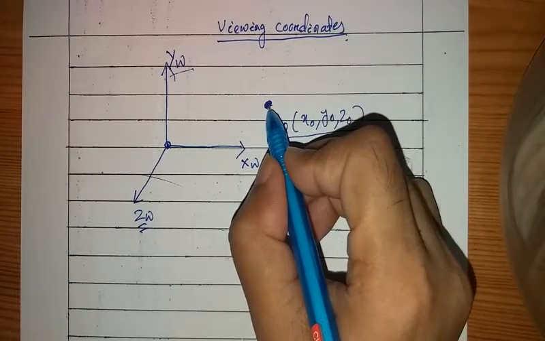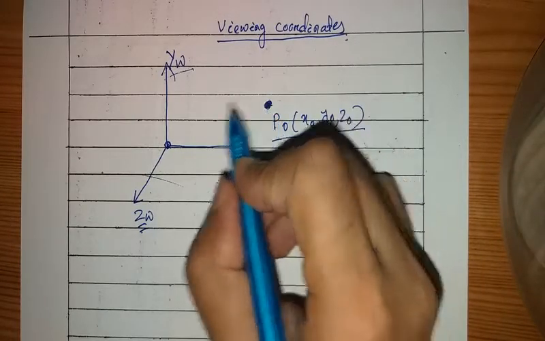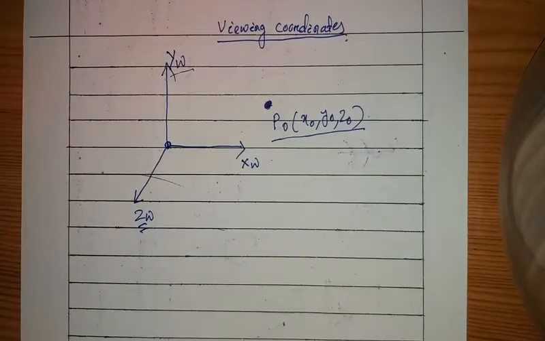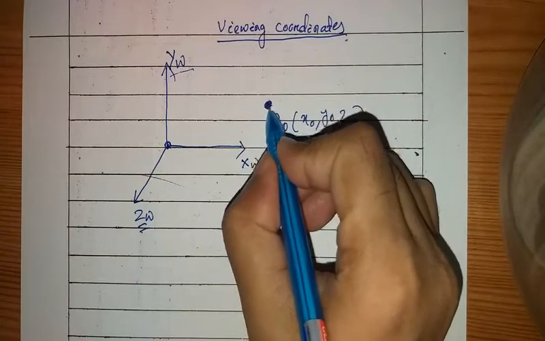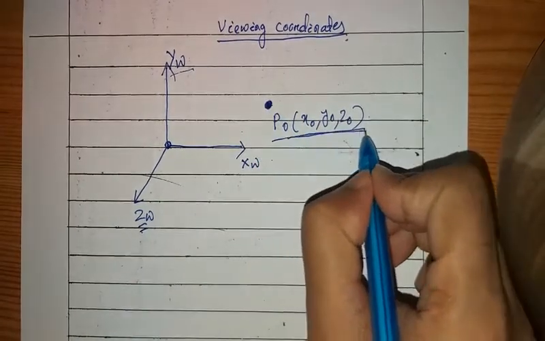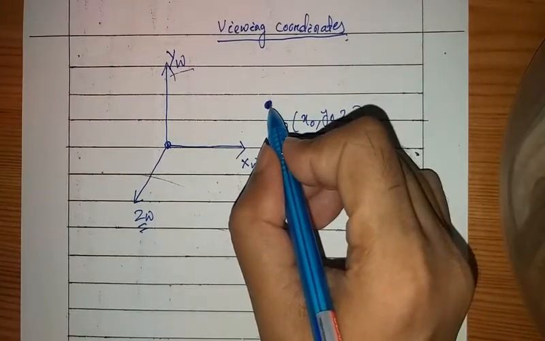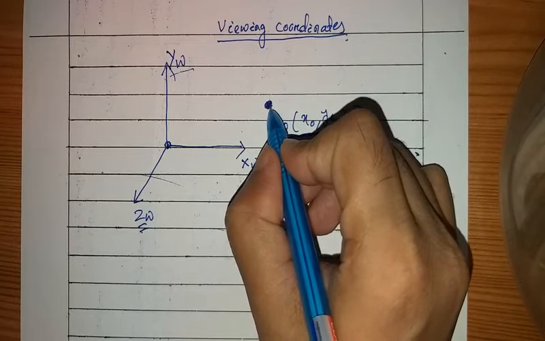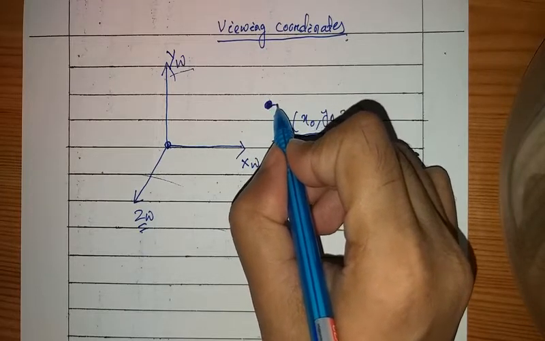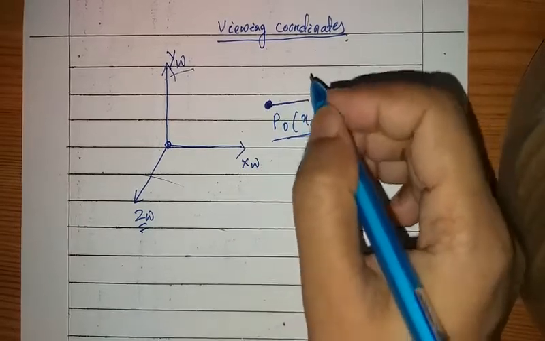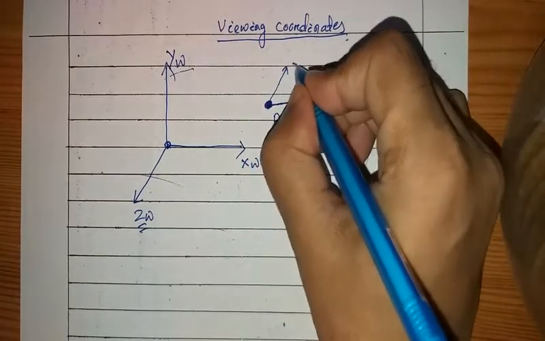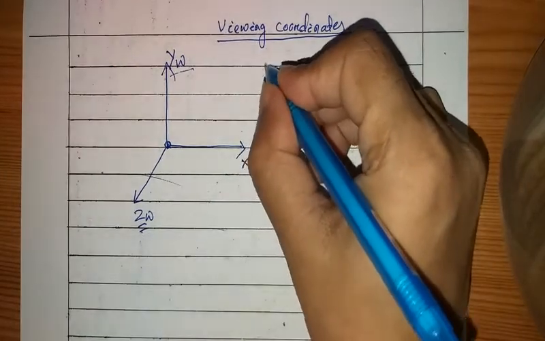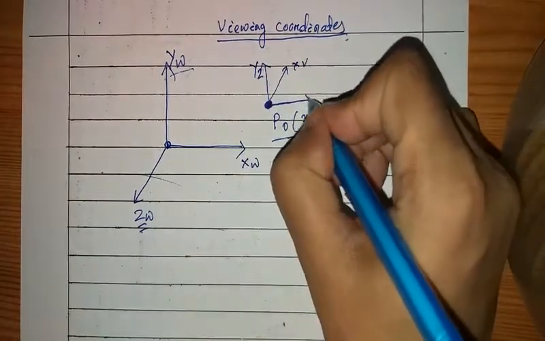Now we are standing here and we are looking at and observing things. This is our real world coordinate system, but according to that, this observing point is the reference point where the view has been made. So you can see this is xb, this is perpendicular, yb and zb.